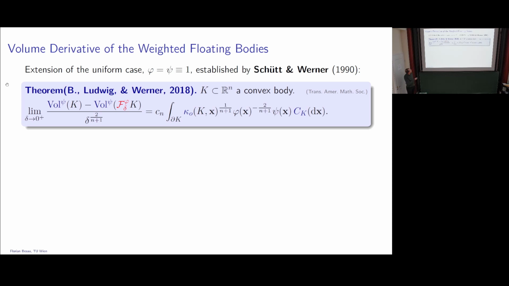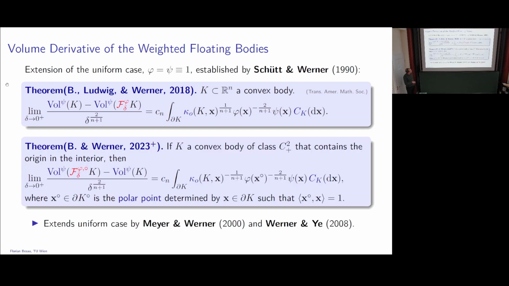Okay, so the weighted volume of weighted floating bodies was studied in joint work with Monica Lutwak and Elisabeth first, and it gives rise to some weighted notion of affine surface area. And now in the more recent work with Elisabeth, we are looking at the weighted floating body conjugated by polarity.